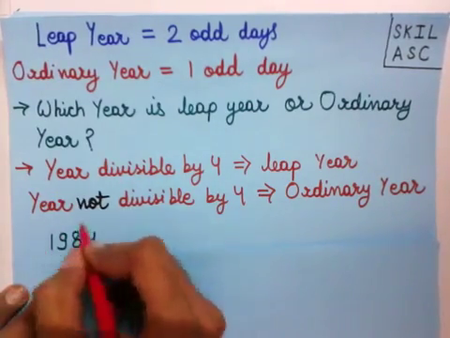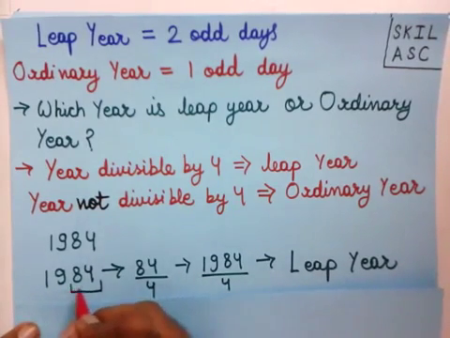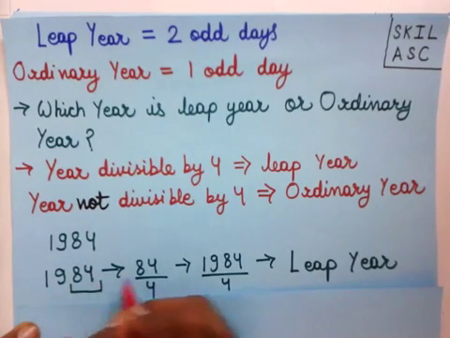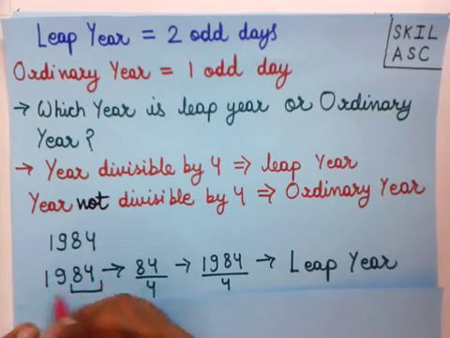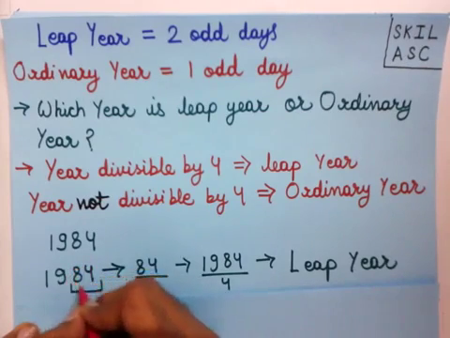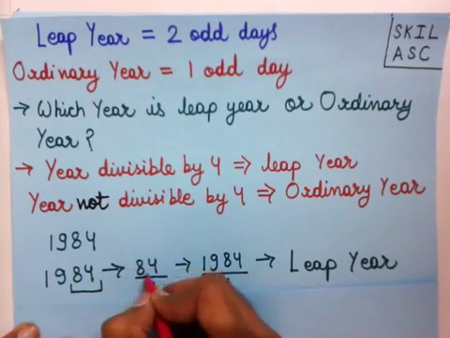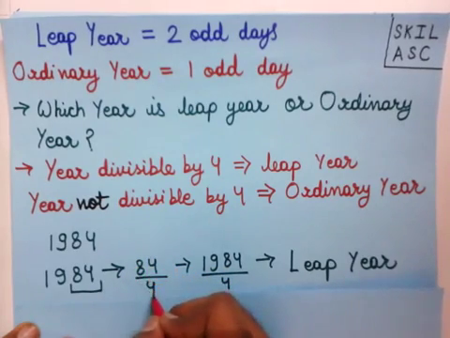It will take much time. So what we will do is, we take its last 2 digits and form a number. So you see, we have this year 1984 and we take its last 2 digits, 84, and we form this number. Now we divide this 2-digit number by 4.